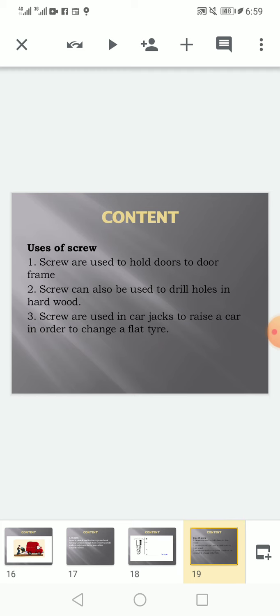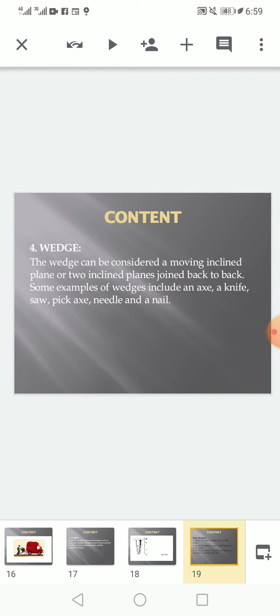To change a flat tire, you need a car jack, and in that car jack, there is a screw attached to it. So this shows us the three uses of a screw. However, there are more uses. If you want to know, you can check Google or the internet to get more information.